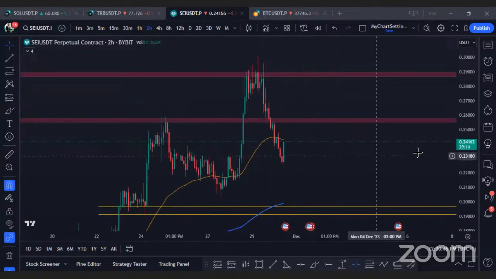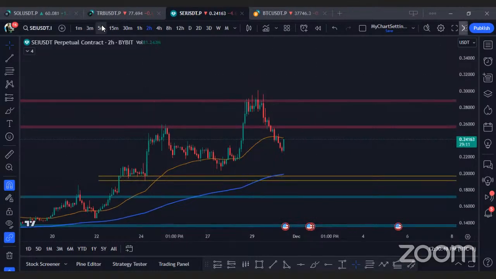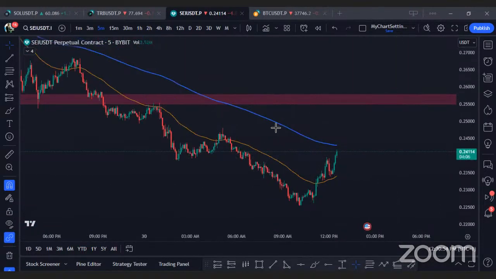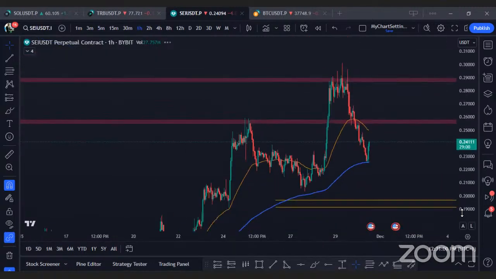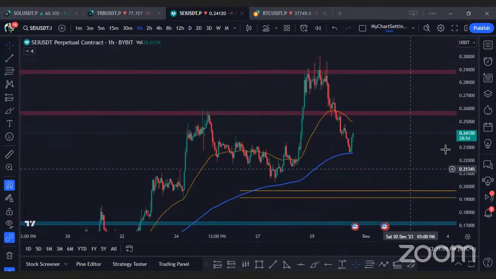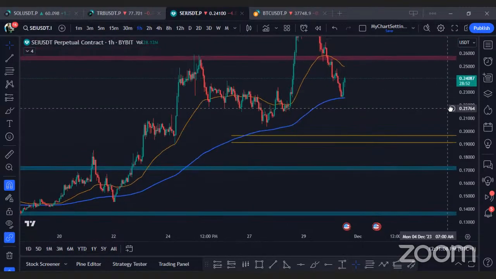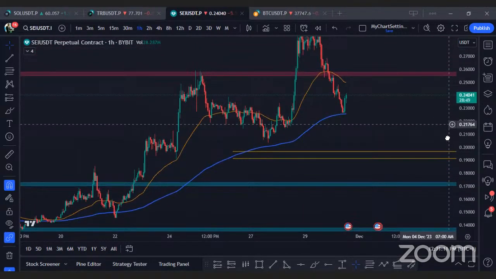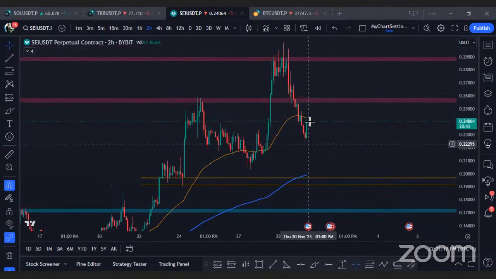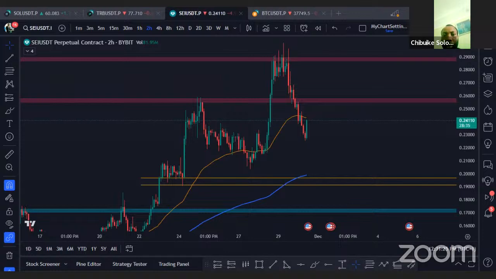Guys, I think we should go long on SEI. Okay, so I'll do long on SEI. Yeah, I'll target this level of 25 cent or thereabouts. So let me see if I can quickly do that now.